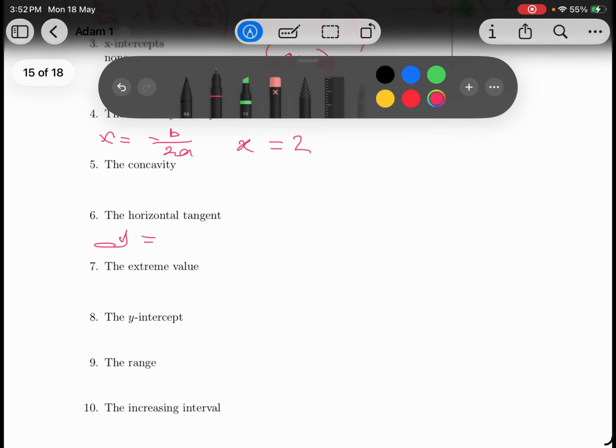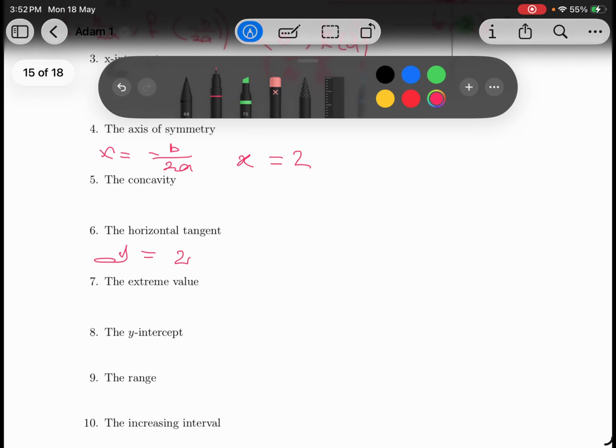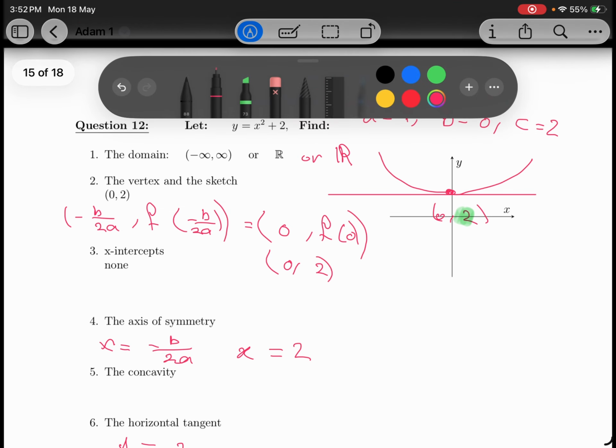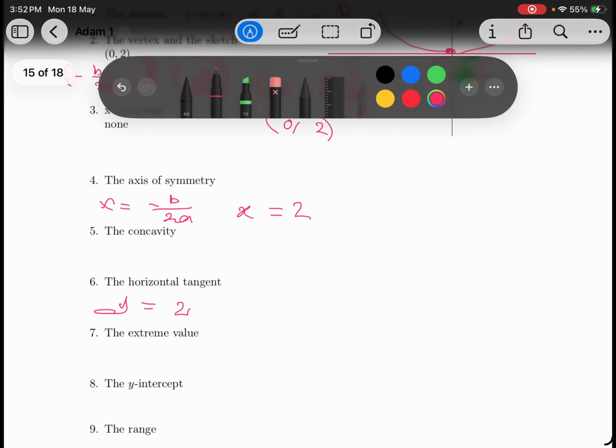Okay, y equals 2. And when it comes to the extreme value, look, the extreme value here is a minimum, because we have the lowest point, not a top point. The lowest point on this curve is 0, 2, which means that it is a minimum value.